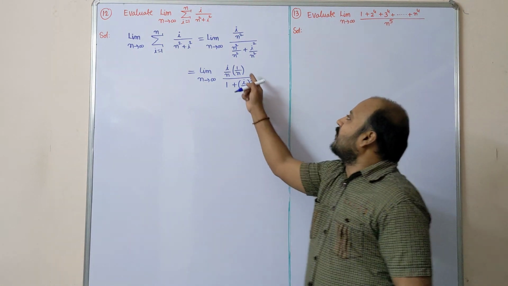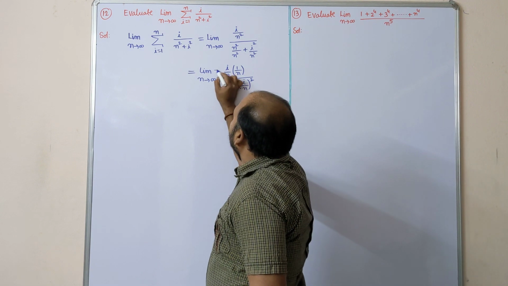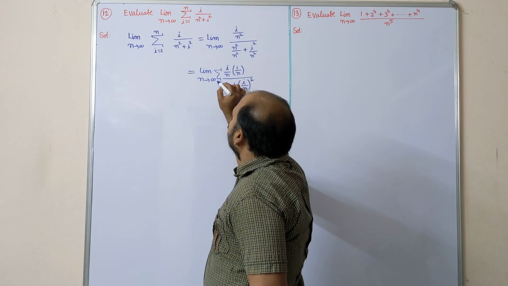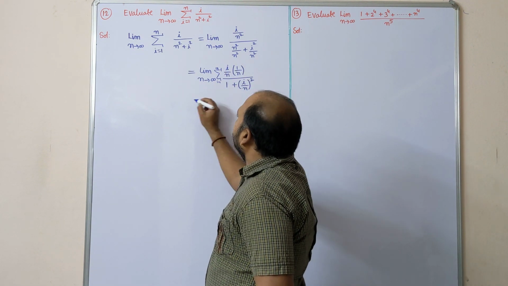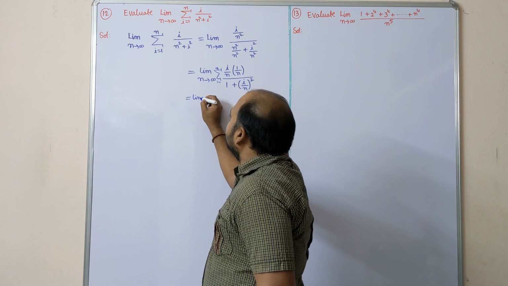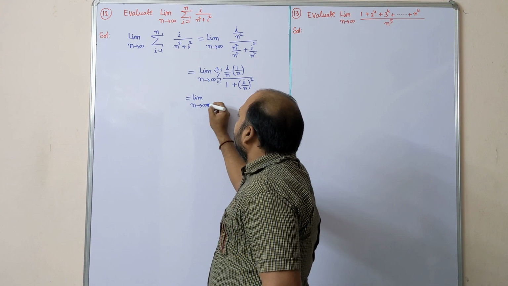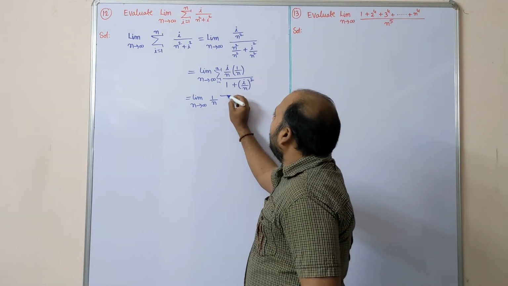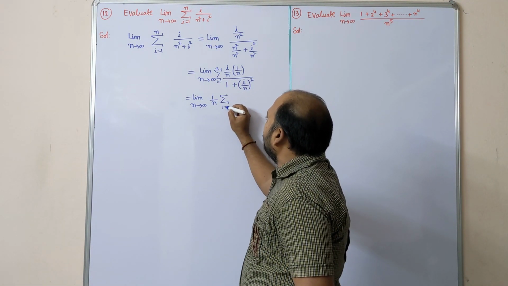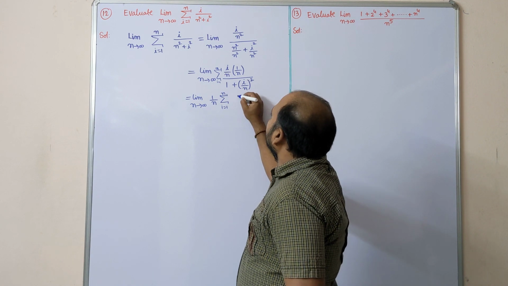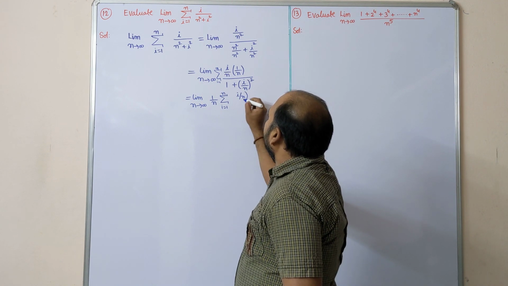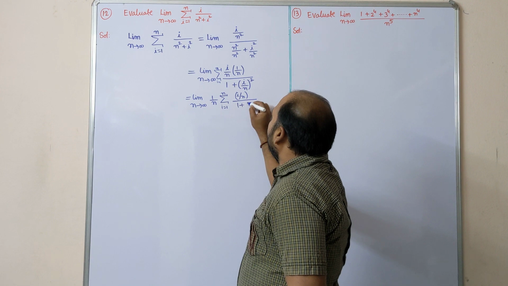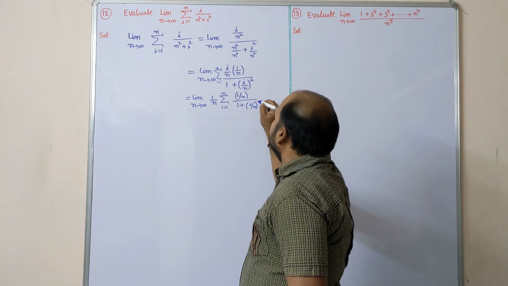In the next step, 1 by n I am taking outside, sigma I is equal to 1 to n. So limit n tends to infinity, this 1 by n I am taking outside of the sigma, and sigma I is equal to 1 to n, I by n by 1 plus I by n whole square.